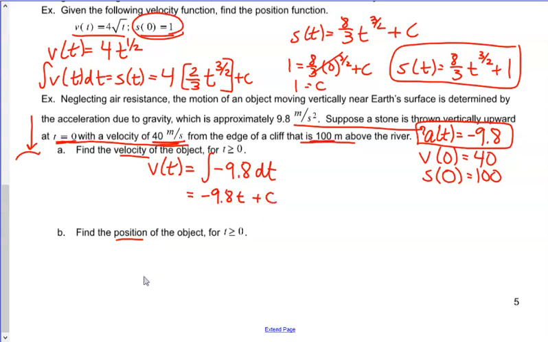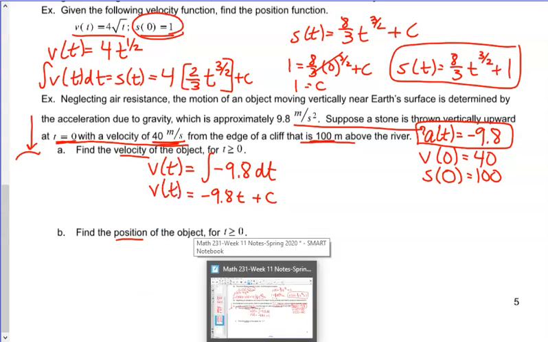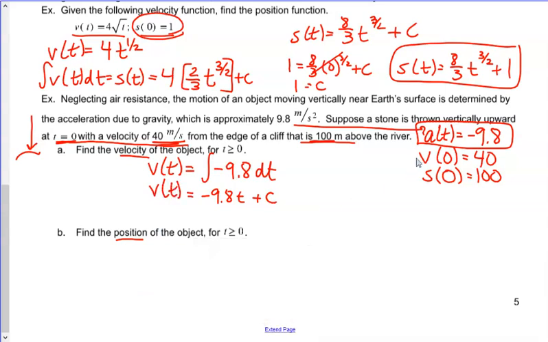Plus, that arbitrary constant will be the generic form of the velocity until I use this initial condition now to find c. So I'm going to plug 40 in for my velocity, plug in 0, 0 again is so nice, negative 9.8 times 0 plus c, well again, that term goes away, therefore c equals 40.